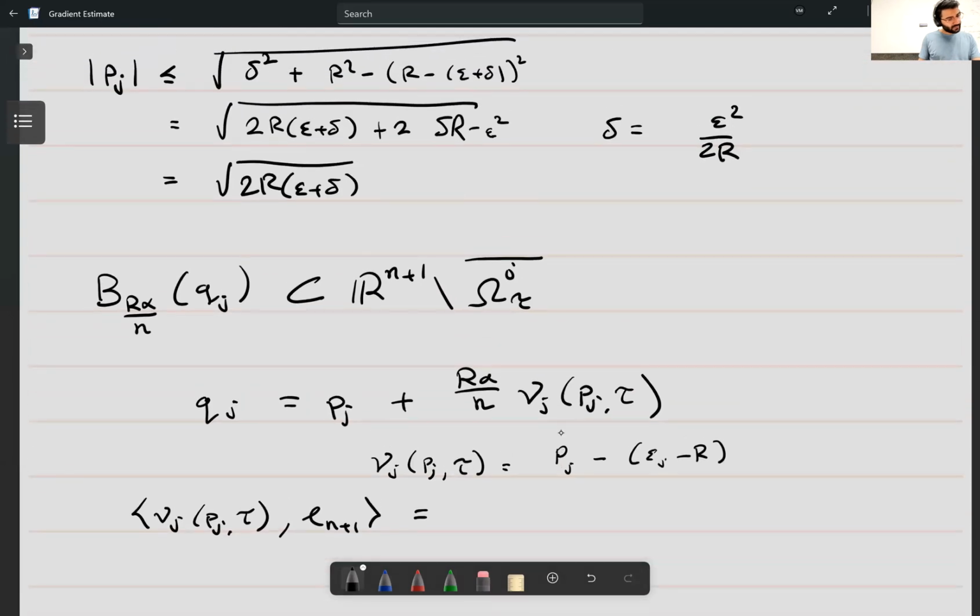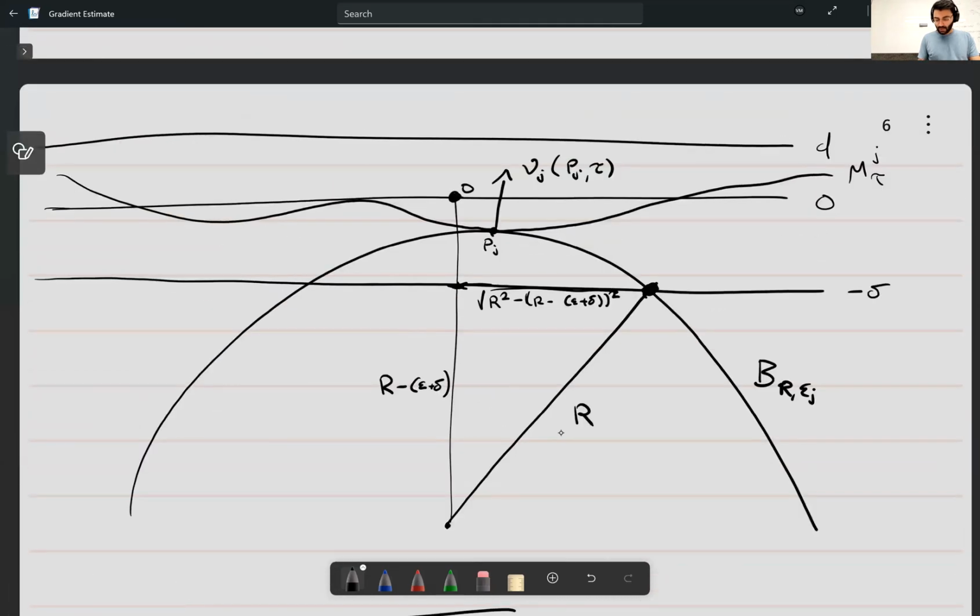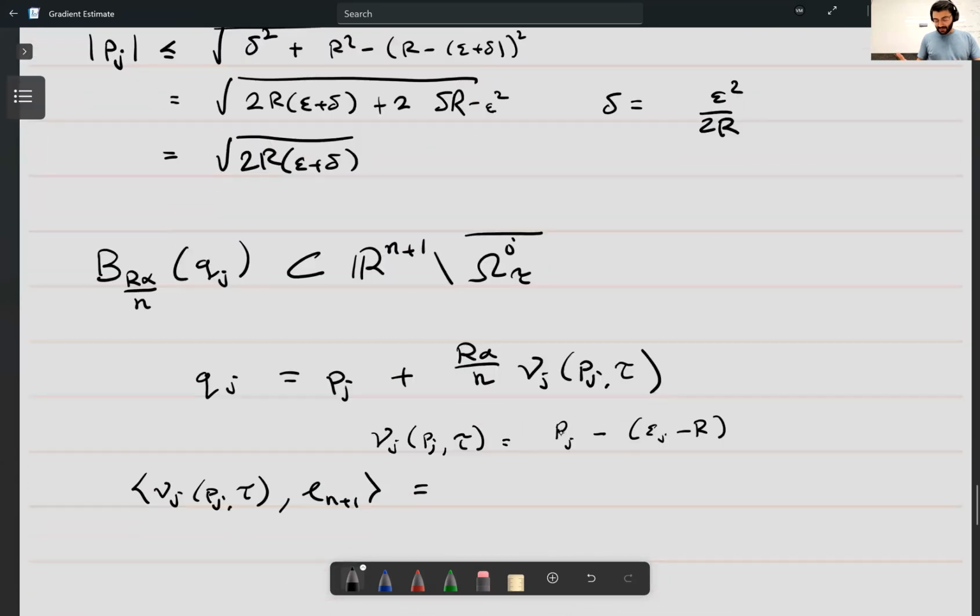Where is this coming from? Oh, right. I see. This nu_j has the same normal vector as this big ball B_r(epsilon_j).